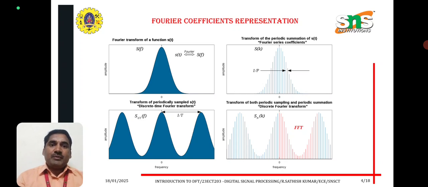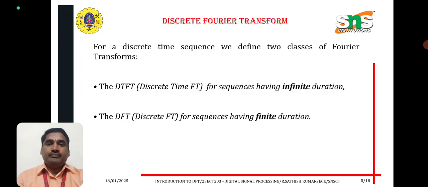And then transformation of periodically sampled s of t gives the discrete time Fourier transform. Finally, taking the Fourier transform of both periodic sampling and periodic summation, we get the discrete Fourier transform. From the discrete Fourier transform, we can analyze the fast Fourier transform.